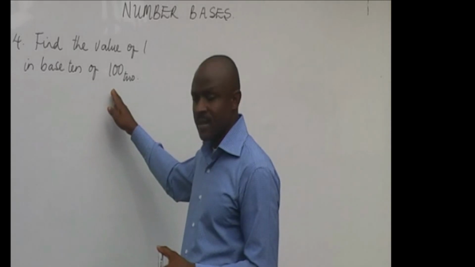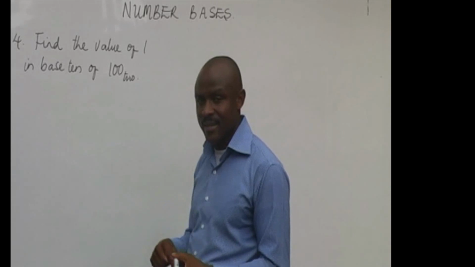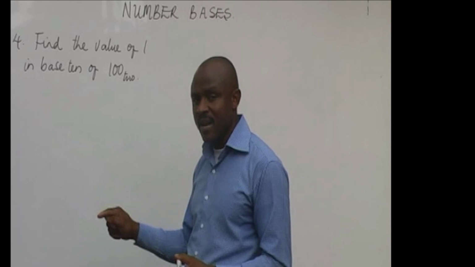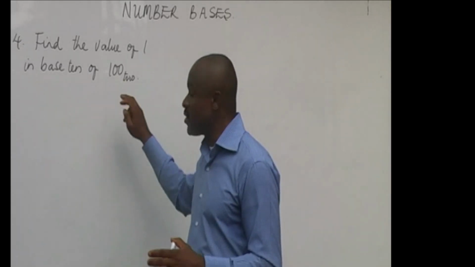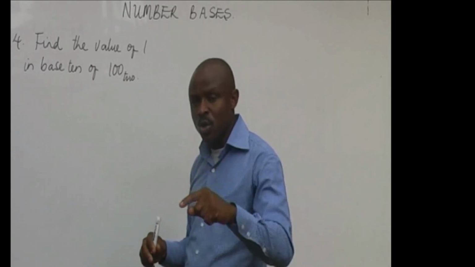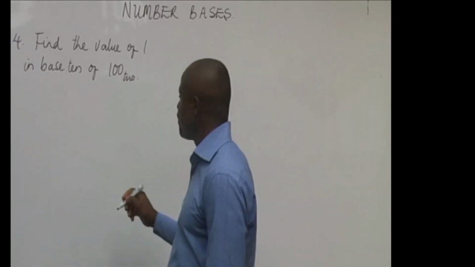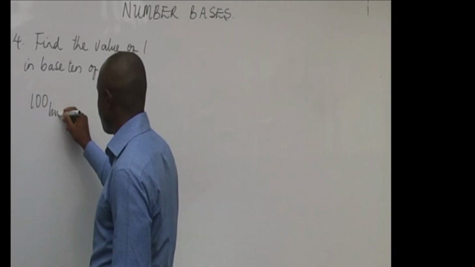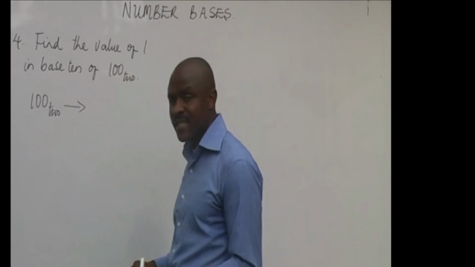But in this case, the way you go about finding the value of a particular digit in a particular base is to convert it to base 10. Try to expand. Go into the process of converting the base whatever to base 10. From there, I will show you how you find the value that the question is asking for. Just as you have 100 base 2, if you have to expand this, go into the process of converting it to base 10.